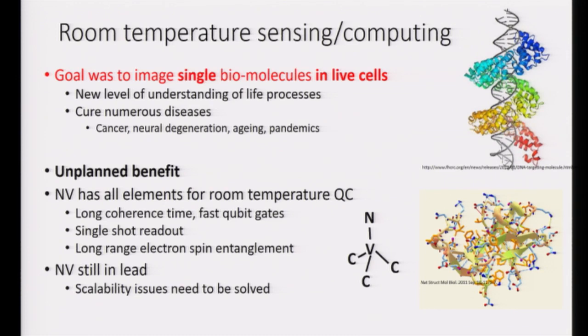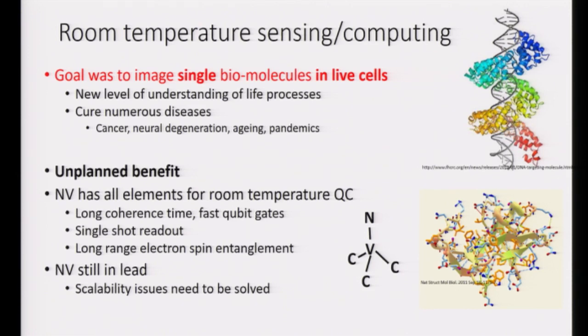Okay, and I looked around at all the different materials, and it seemed at that time that nitrogen vacancy was the best. And in fact, that sort of guided my choice, because when I was trying to decide what to use for the trapped ion replacement, there were a couple of choices. There was rare earths, and then there was the nitrogen vacancy. But because I was thinking of eventual room temperature experiments, I chose nitrogen vacancy.